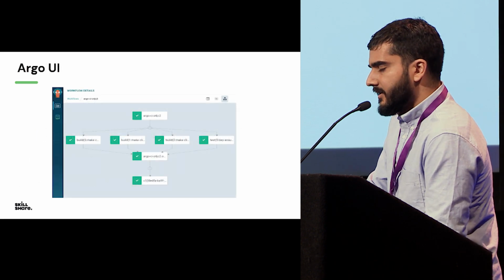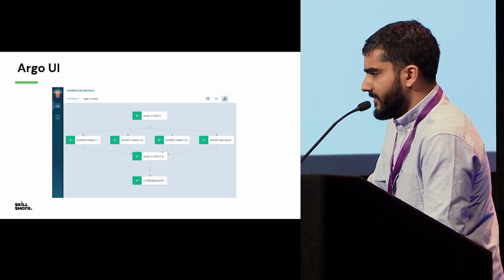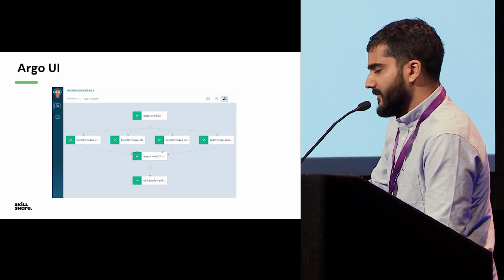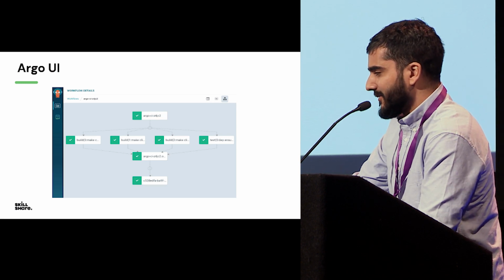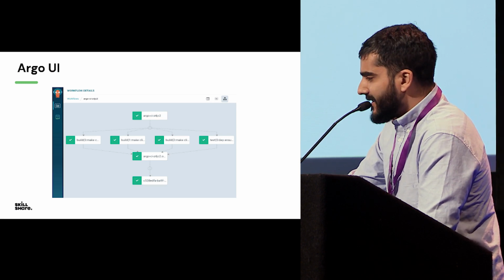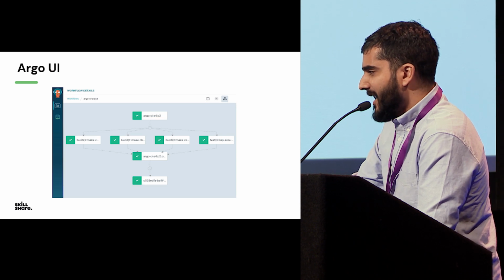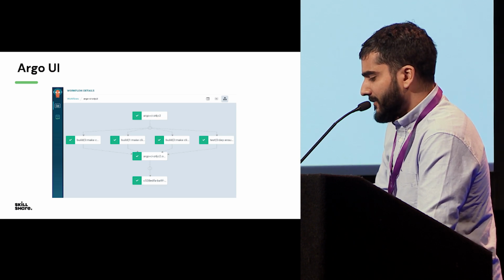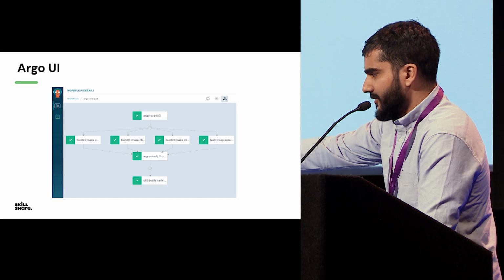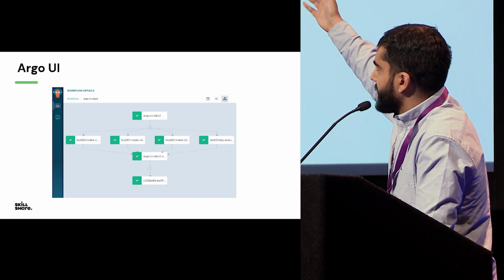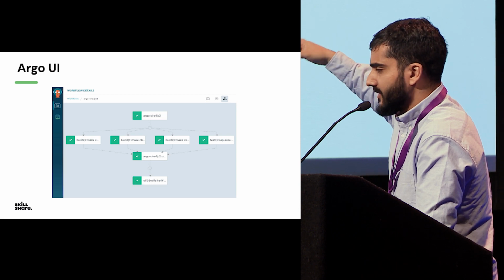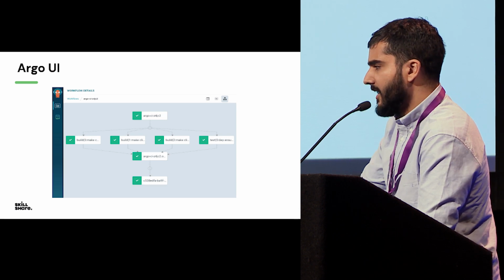There is a UI. It's pretty primitive. Any astute audience members will notice that this is not the same DAG that I showed before as an example, but it's just a screenshot from the internet. We don't really use the UI that much. Basically, all it does is show you what ran, and if you click into any of these boxes, it'll just show you the logs for that step.